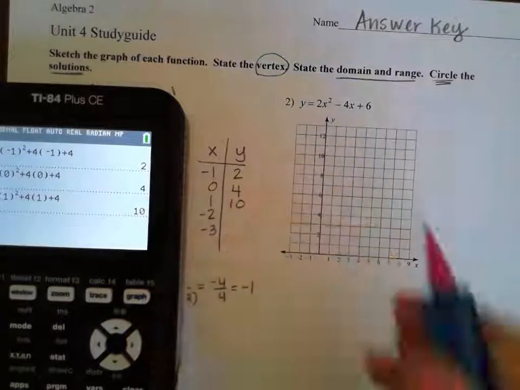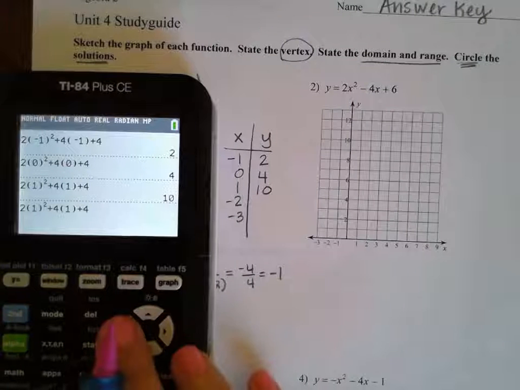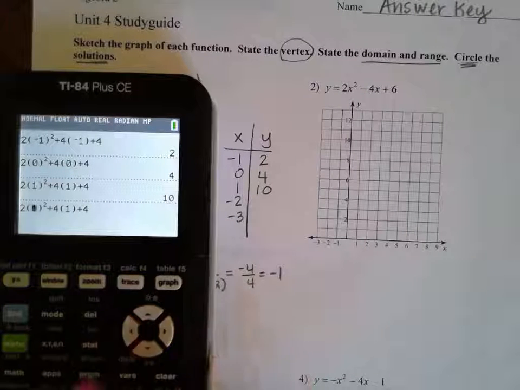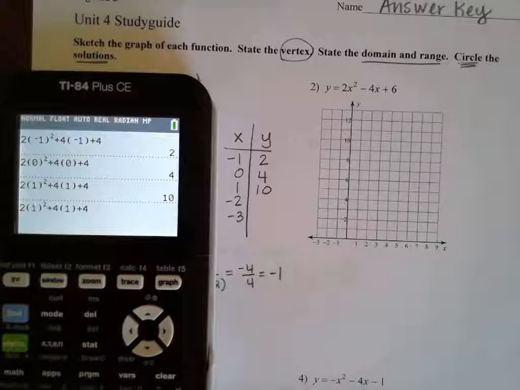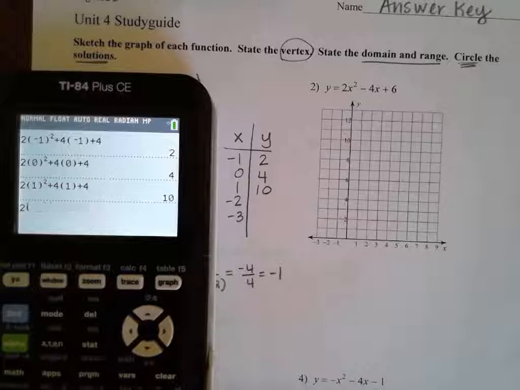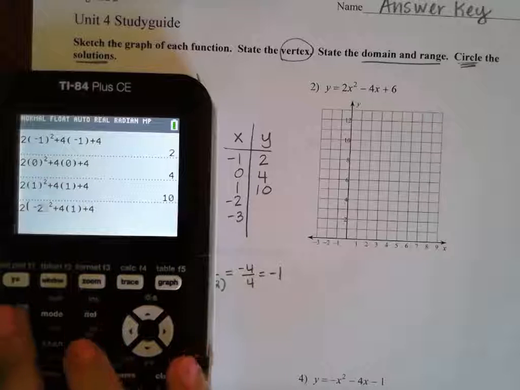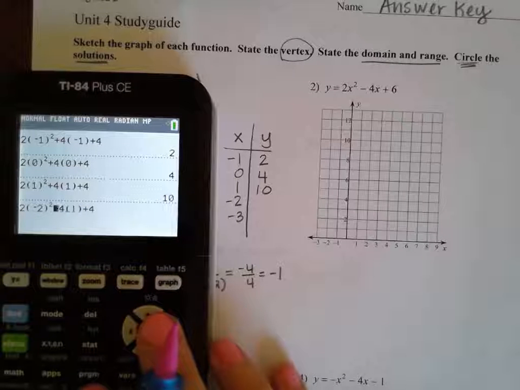So this will be 10. Let's do negative 2. So second, enter, and we're going to put negative 2 in here. I'm going to have to hit second, delete, so we can insert that negative sign. Okay, so 2. Oop, lost my parentheses. Second, delete, helps me get the parentheses back. There we go, that's better.